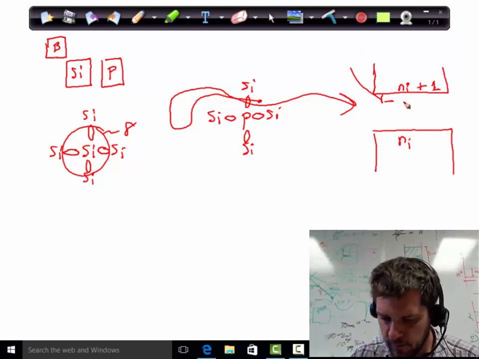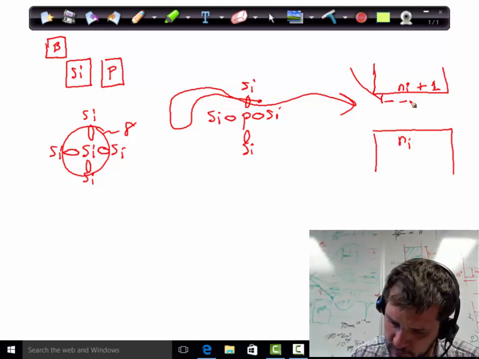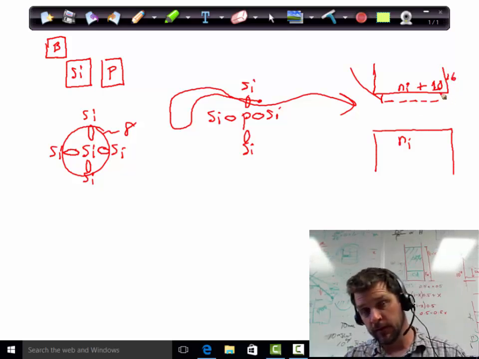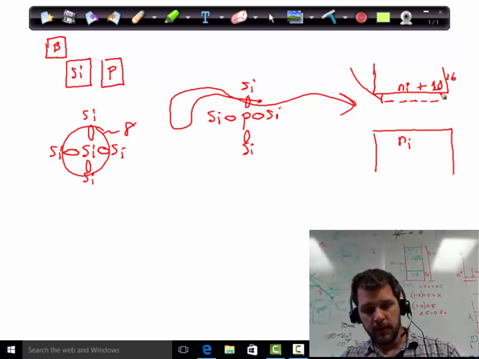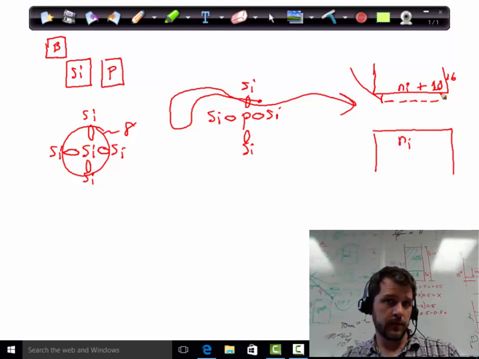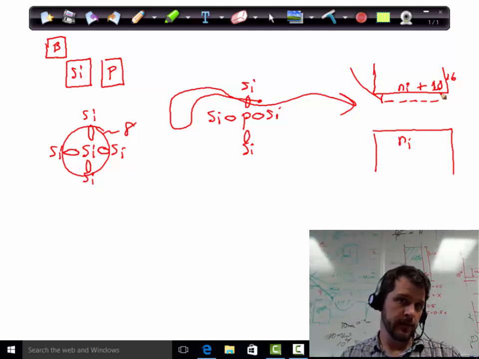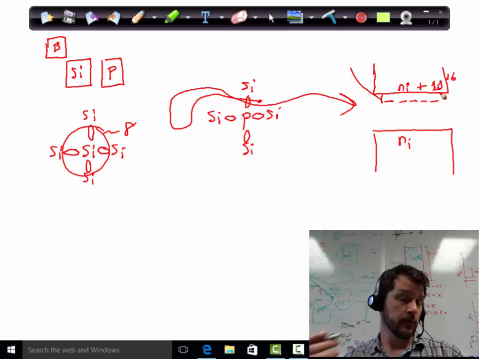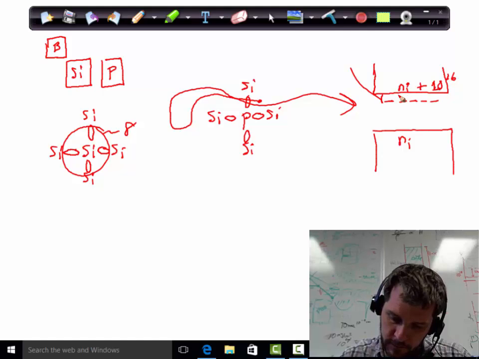So if we put in, let's say, 10 to the 16 of these, we would have Ni plus 10 to the 16. And because Ni is about 10 to the 10th in silicon, and that's 6 orders of magnitude smaller than the 10 to the 16 dopants we just put in, we can ignore the Ni part here.